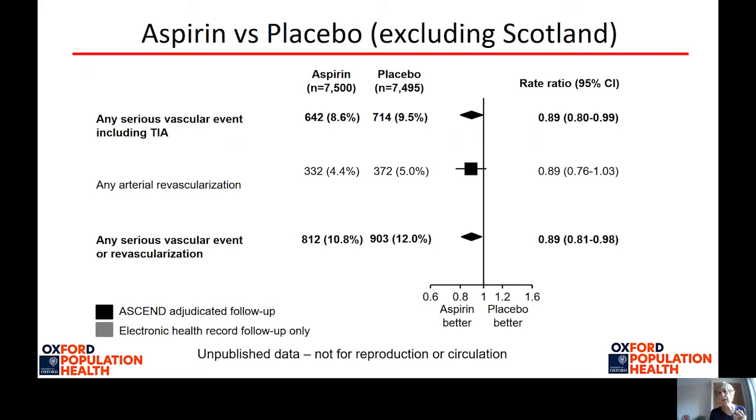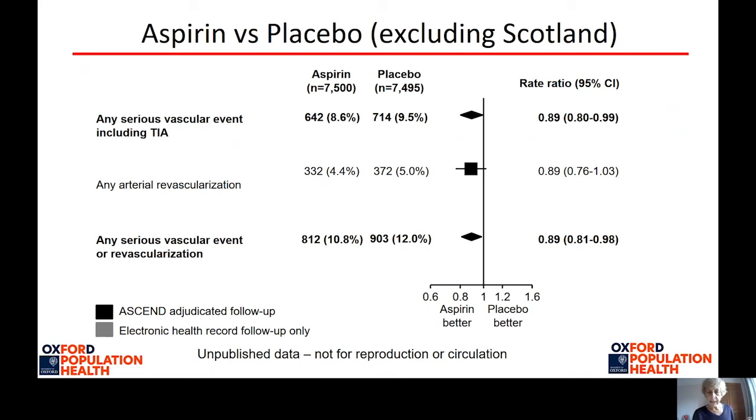These are the results just for the majority of the patients. It actually excludes about 1,000 patients who were randomized from Scotland, although we have subsequently been able to get linkage for those Scottish patients. But this data is based on about 14,500 patients. And as you can see, this is what the adjudicated data told us, so that we saw in this subset only an 11% reduction, a hazard ratio of 0.89.